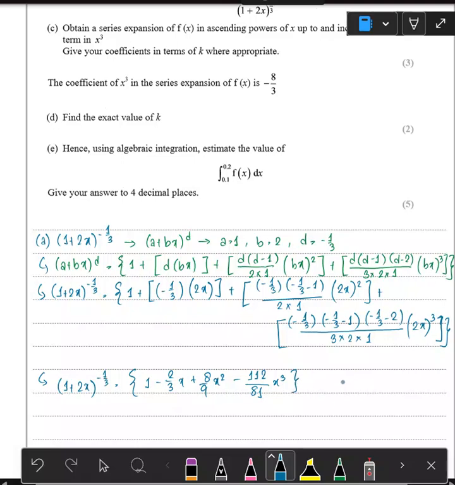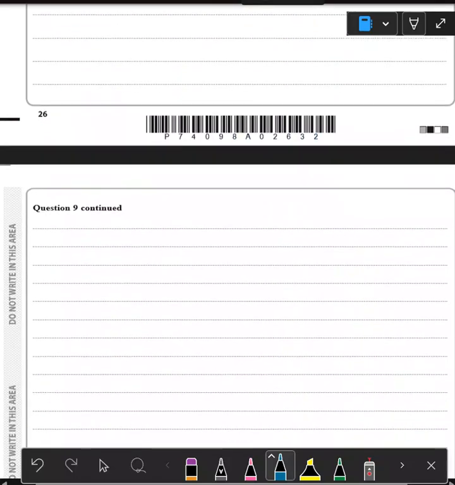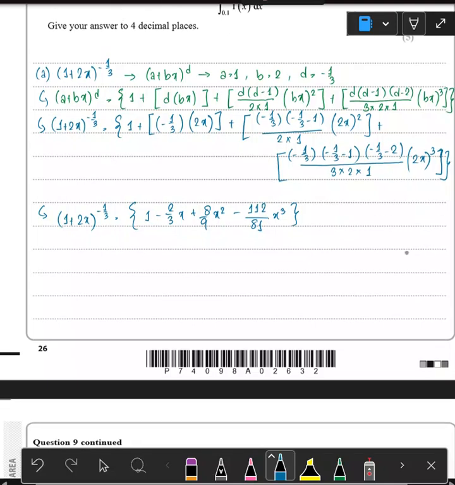Okay, so this will be the expansion for part A.